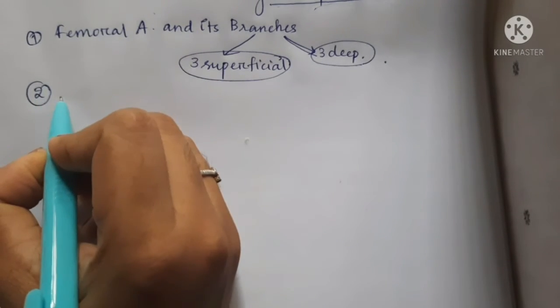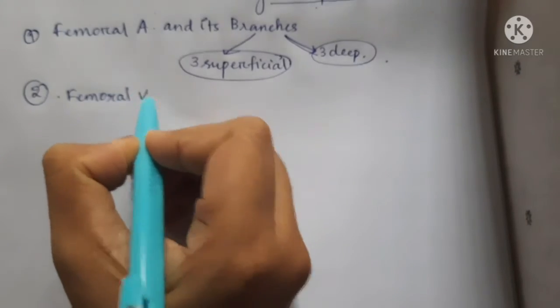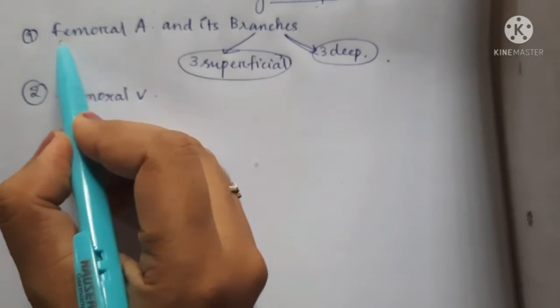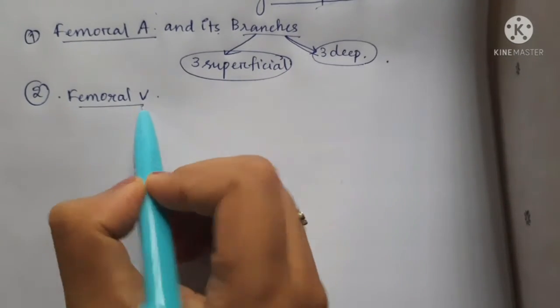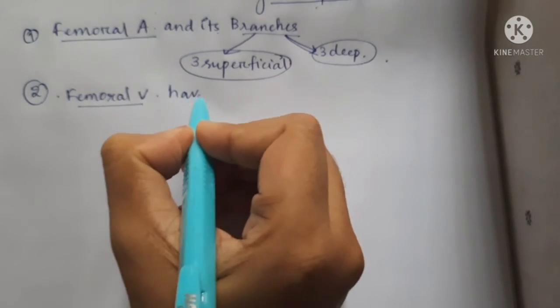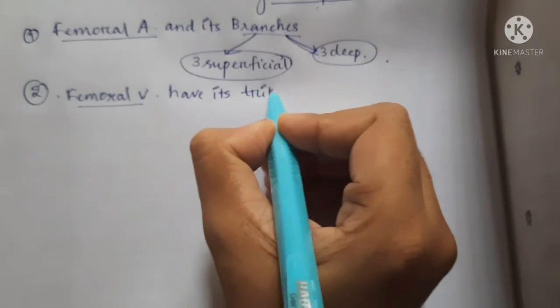Then the femoral vein. Femoral artery has its branches, so the femoral vein has its tributaries.